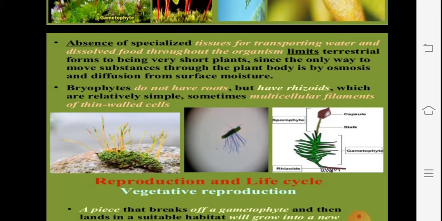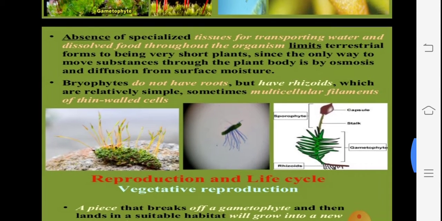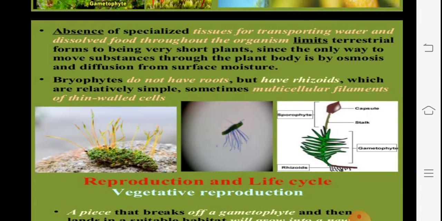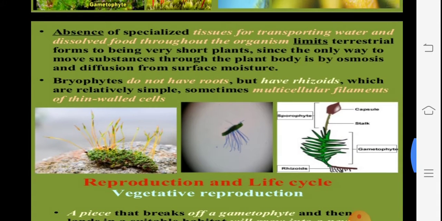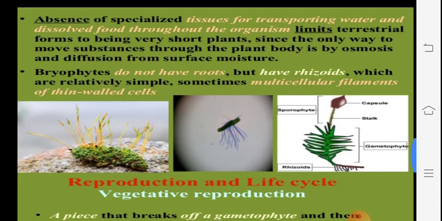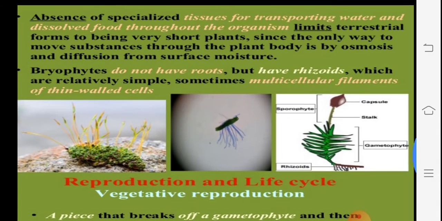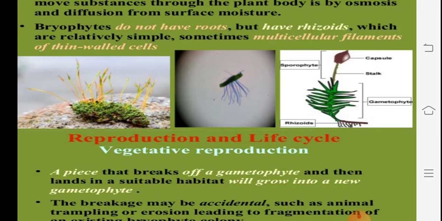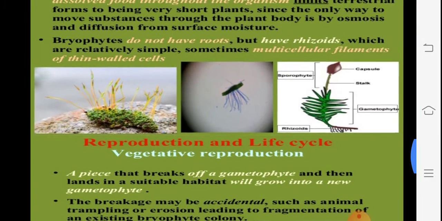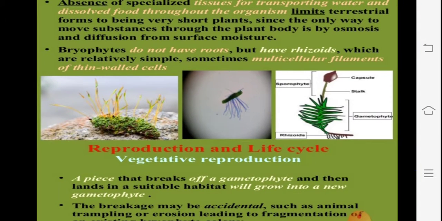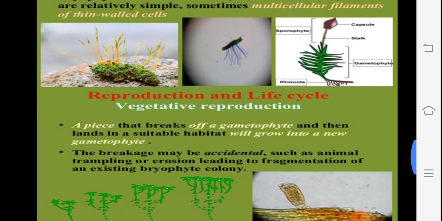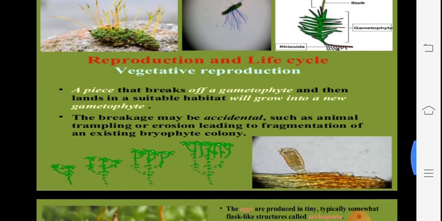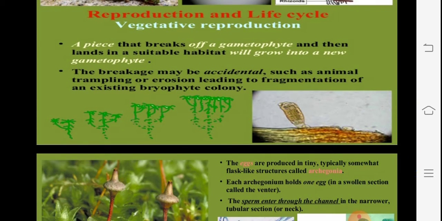Specialized structures are absent, but here by osmosis and diffusion, the surface moisture generally keeps them alive, and after the light intensity and temperature increase, the natural capsule dehiscence takes place. So humidity is the main factor.